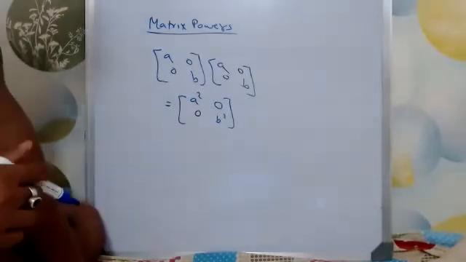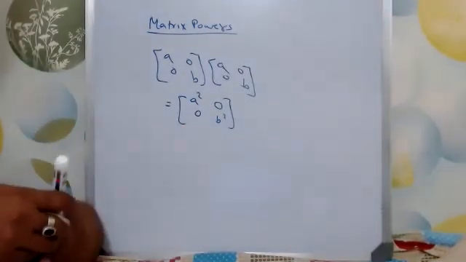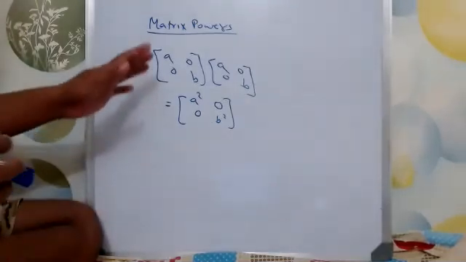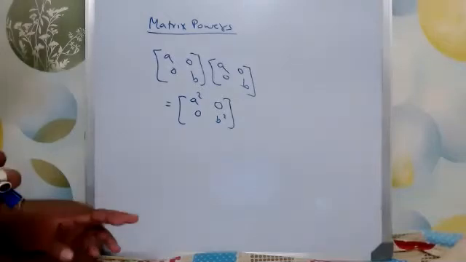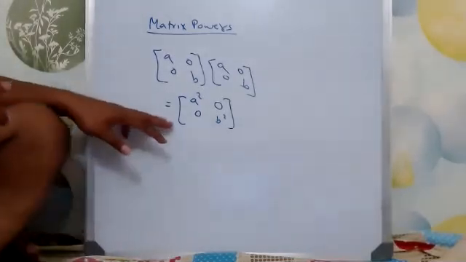I'm not writing the steps of the matrix multiplication because I assume you understand that. If you apply the column method, row method, dot product, cross product, or block multiplication, all five methods, you will get the same result.